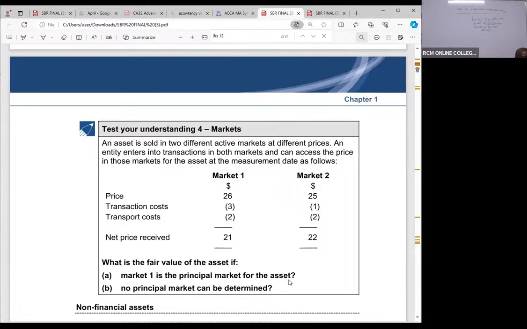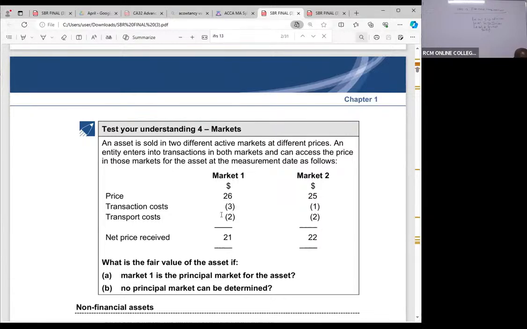Very easy. Fair value. If market 1 is being used, how do we get this fair value? I will take the price of this particular asset, which is 26, and then subtract other costs other than the transaction cost. Transaction costs are very irrelevant whenever it comes to the calculation of fair value according to IFRS 13.